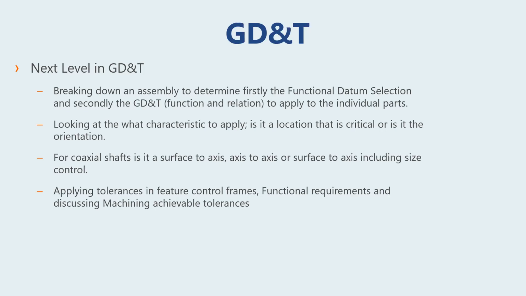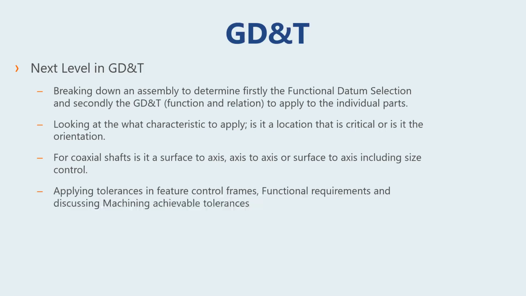From there, is it butting up against other surfaces for things like your secondary and tertiary datums? Or are you doweling it to another part, and it's being transferred through those dowels? So we talk about an order for applying datums to make sure you are applying them based on functional datum selection.